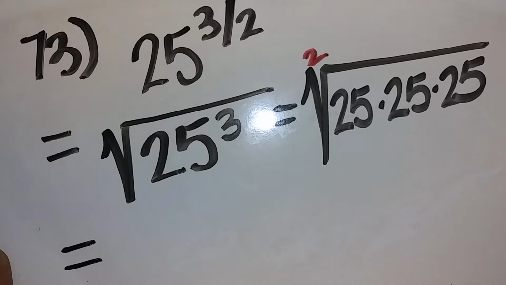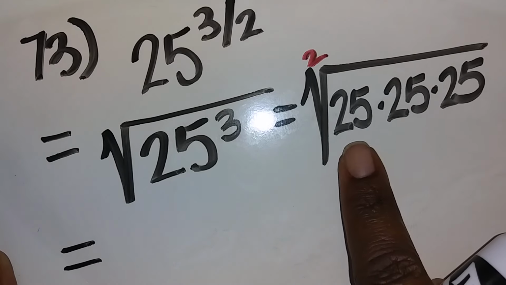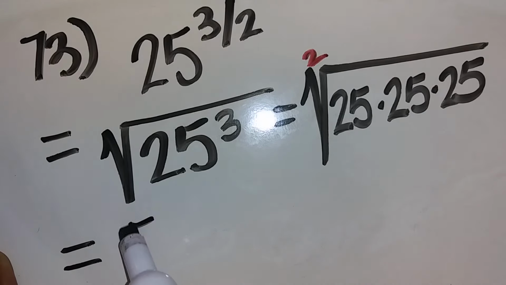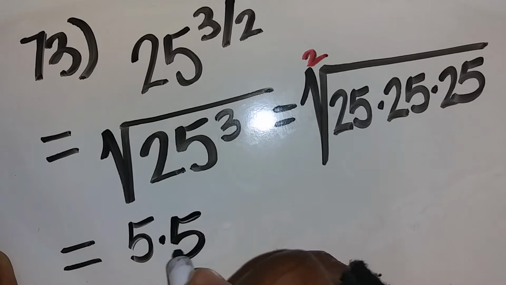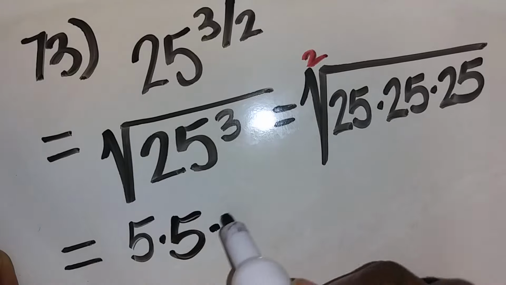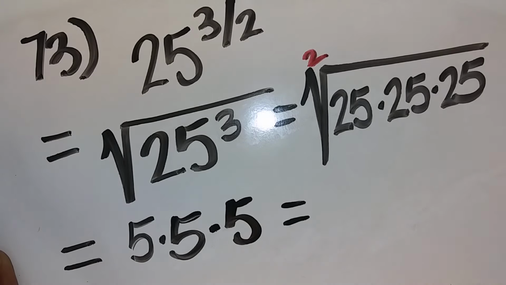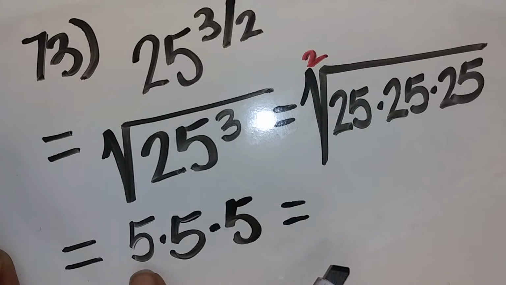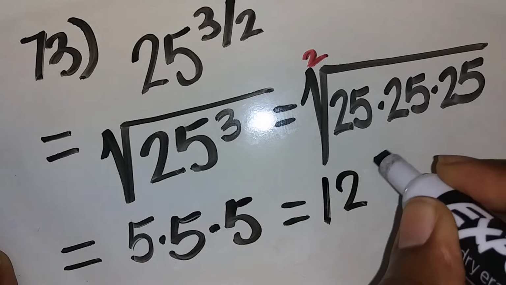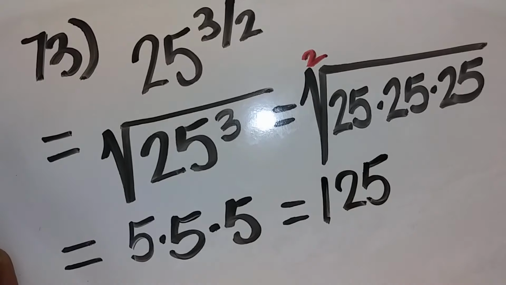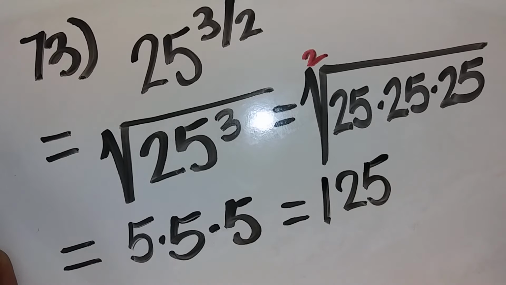I can do it so many ways again. The square root of 25 is 5, the square root of 25 is 5, and the square root of 25 again is 5. I'm done. So multiply together. 5 times 5 is 25. 25 times 5 is 125. And that is my answer for number 73.